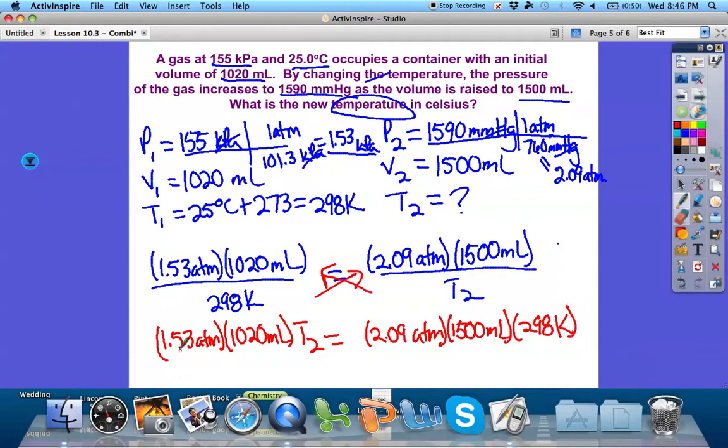So to get T2 by itself, we're going to divide both sides by 1.53 atm times 1020 milliliters.